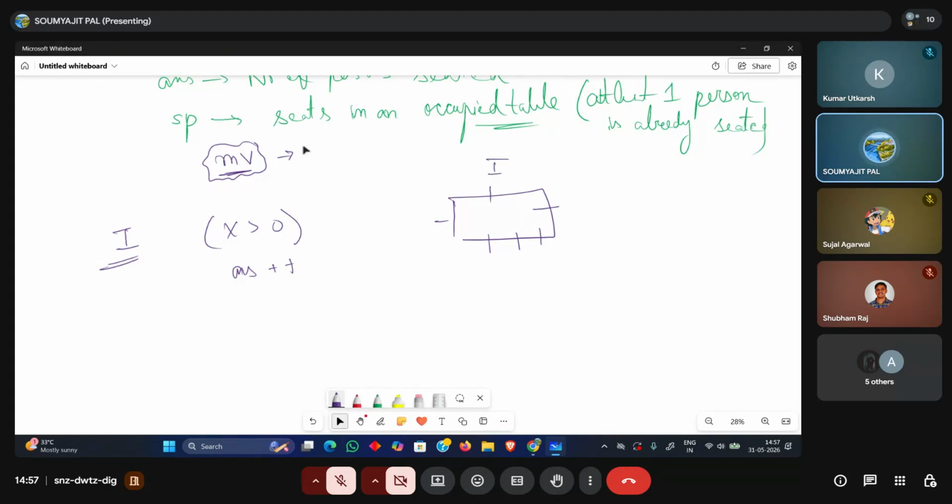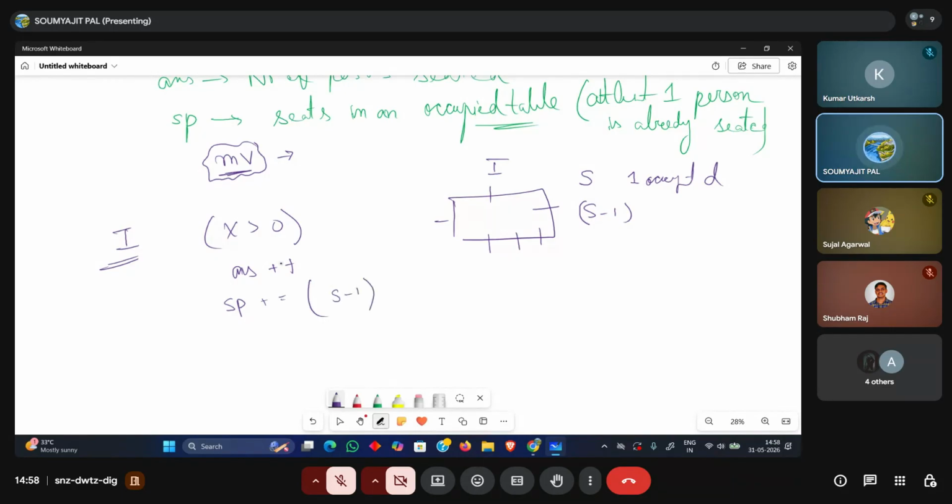Now, what will be my SP? Seats in an occupied table. Since the total number of seats is S, and one is occupied, the number of seats in an occupied table would be S minus 1 once I sit I here. So basically my SP would be increased by S minus 1.